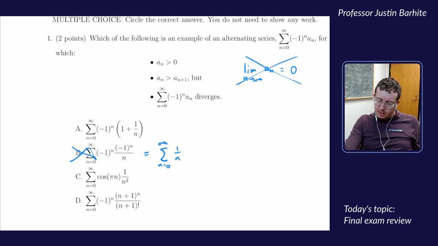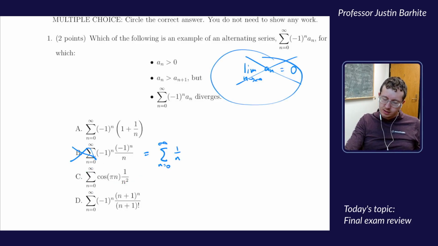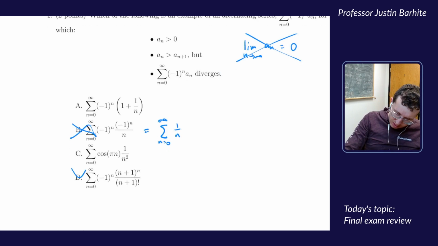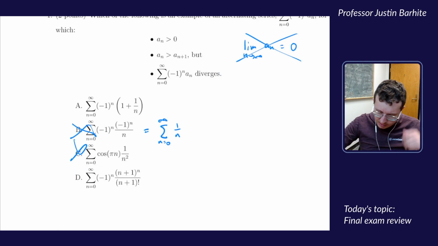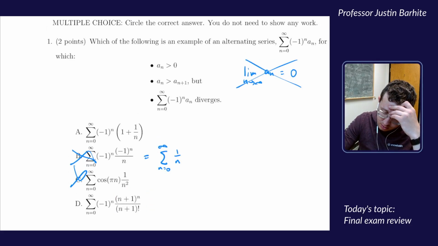But I do believe that these terms are approaching infinity, because n to the n is going to get bigger faster than n factorial. So I don't think it's D, but let's just check that all the conditions are correct for A.